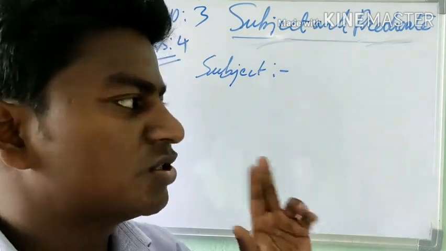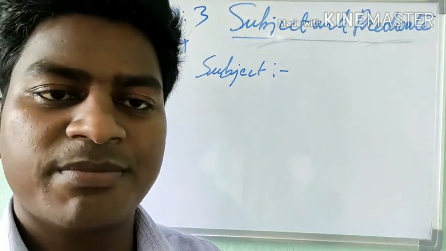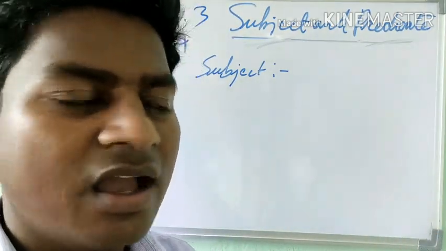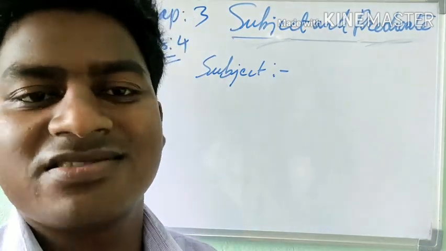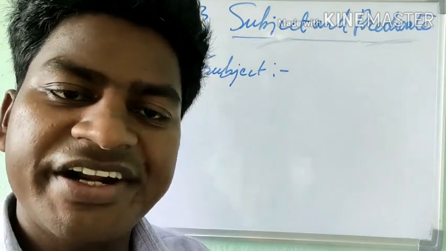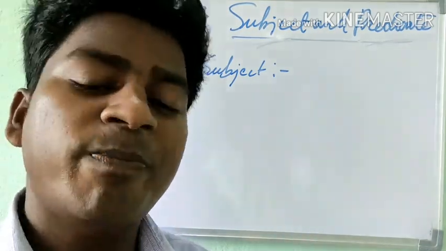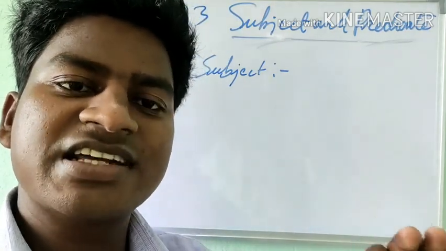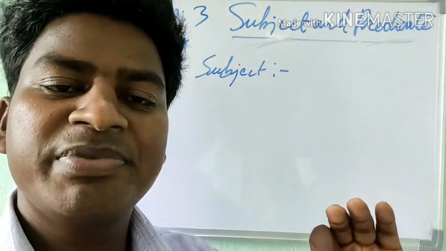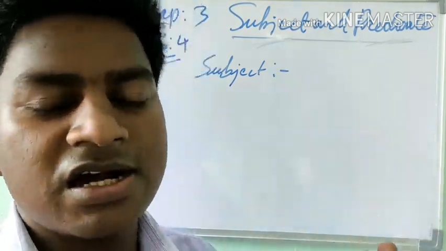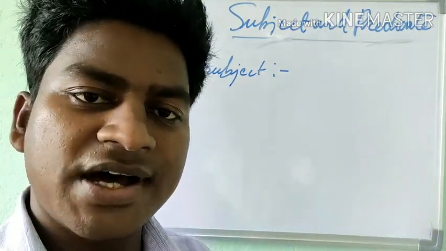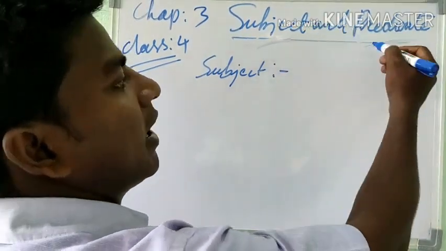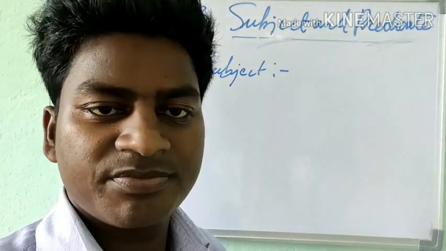We have studied already about the sentences, and every sentence can be divided into two parts. Each and every sentence can be divided into two parts, and those two parts are subject and predicate.